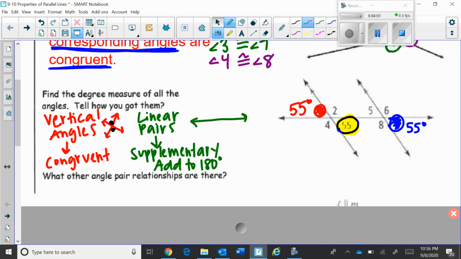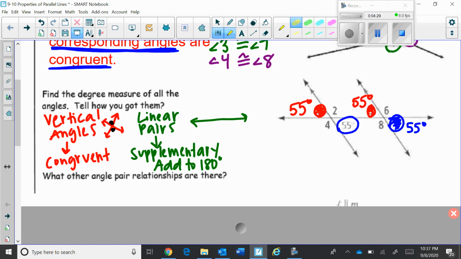Let's do the same thing with that angle 7 that we found. Which one is its vertical angle? Number 5, across from it. So angle 5 is also 55 degrees. So far we've found 4 of the 8.